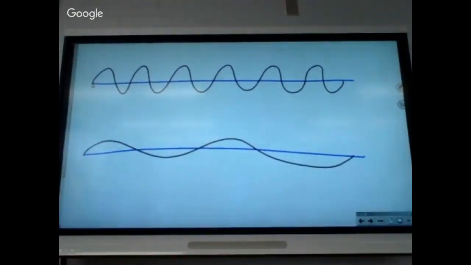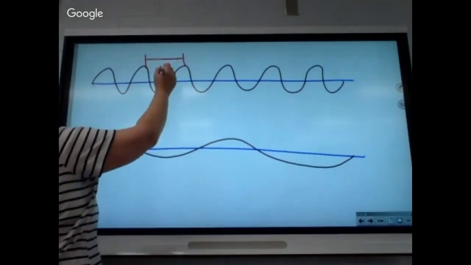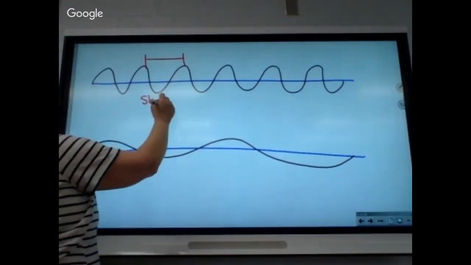Great. Here's two different waves. Okay? I think I draw it like you. It's up to you. So the top one has higher frequency. Okay. So what can you tell me about the wavelength up top? It's short. Higher frequency.